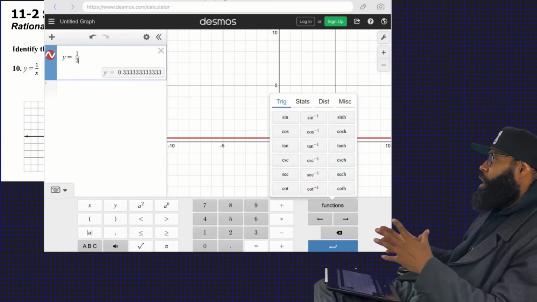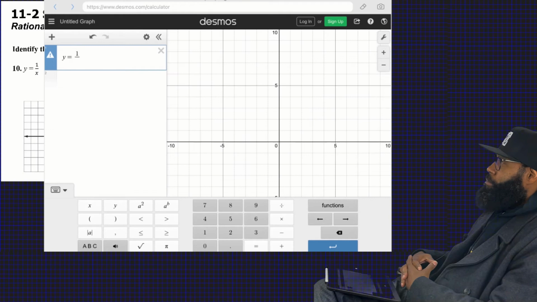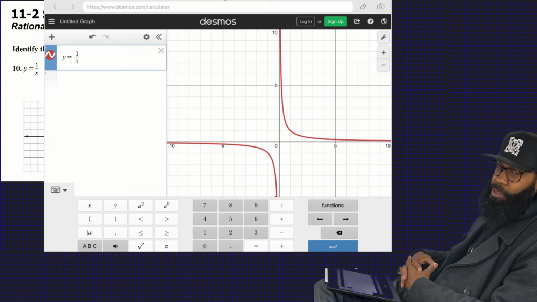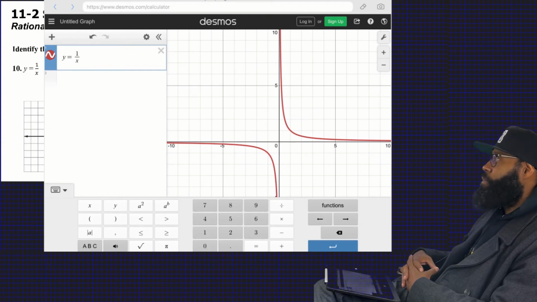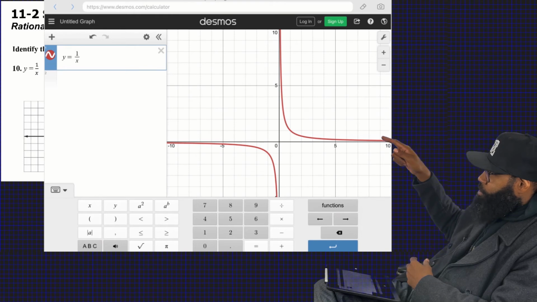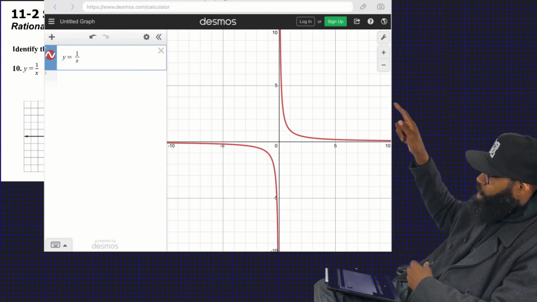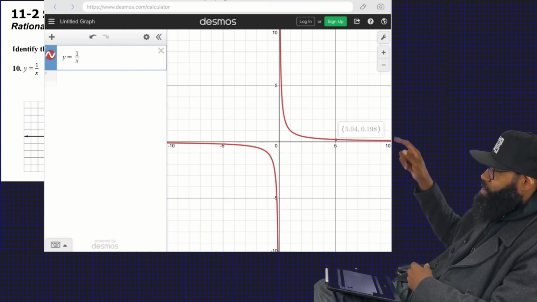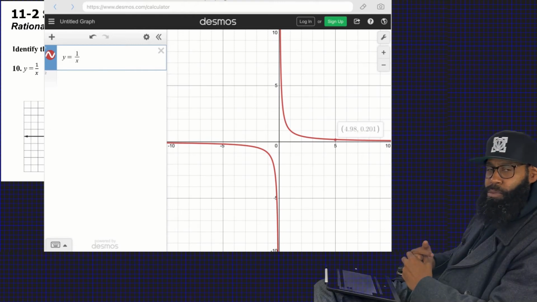Now, if I were to plug in x is equal to 3, check it out. Let's go. Now, we had 3 in there, it was the 1/3, right? But recognize the function. You recognize that graph that hugs those axes, those are asymptotes, all right?